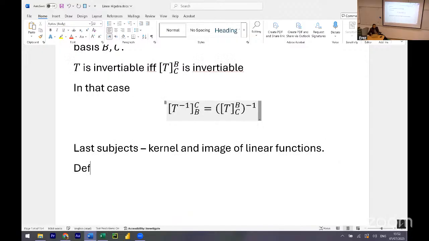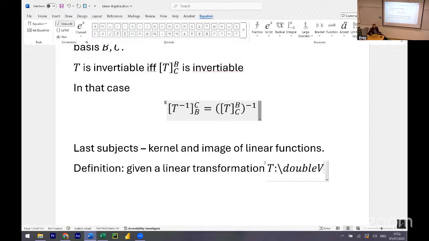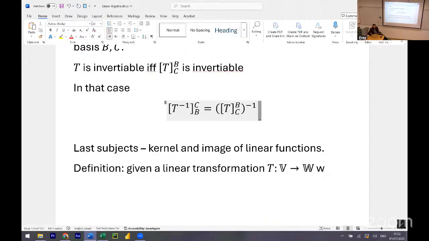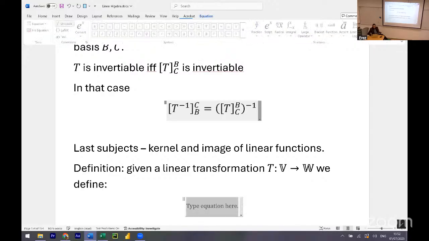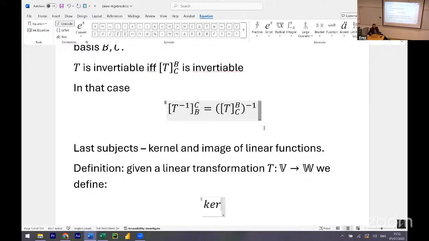So, definition: given a linear transformation or linear function T from V to W, we define first the kernel of T, for short ker T.